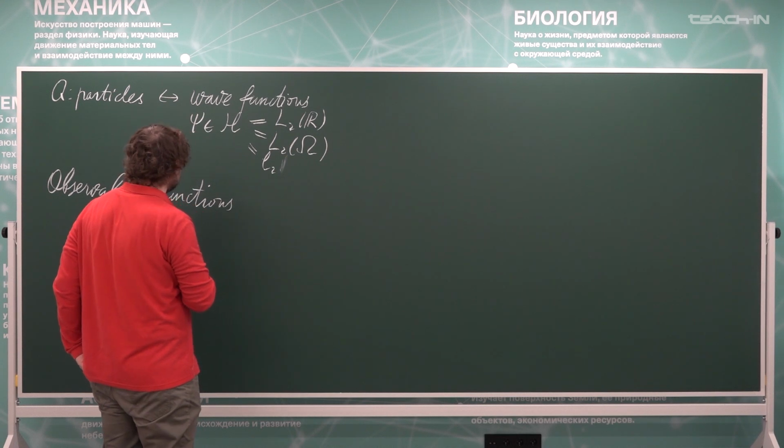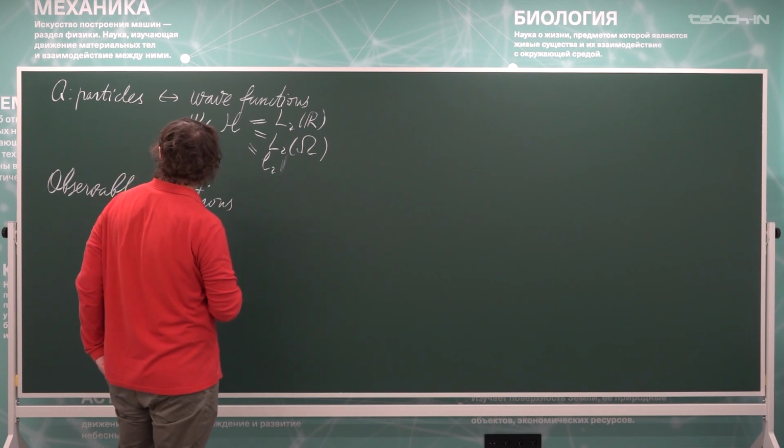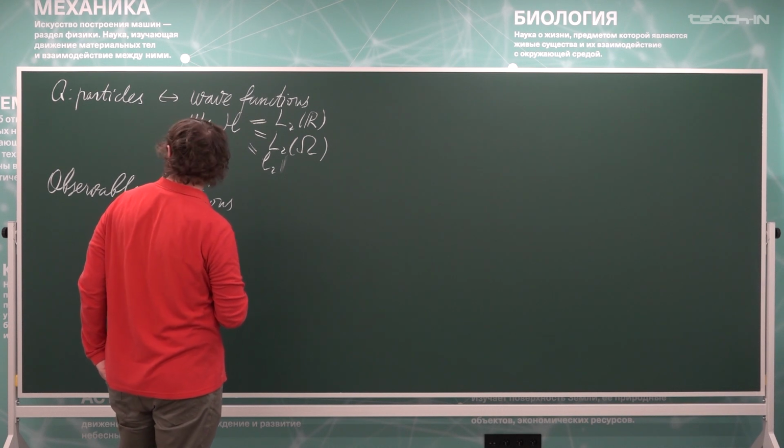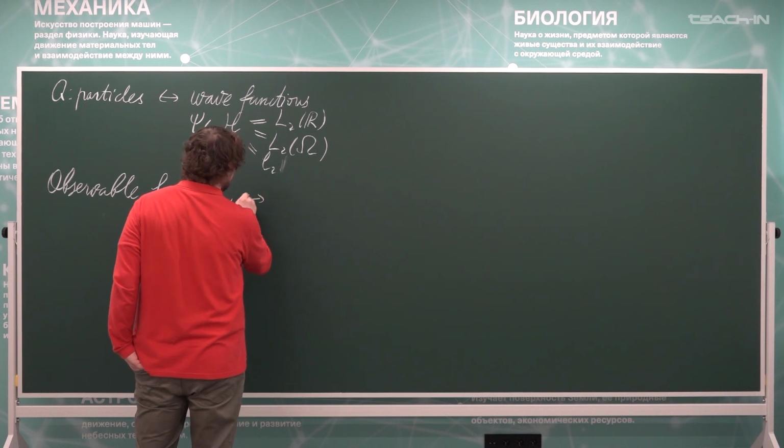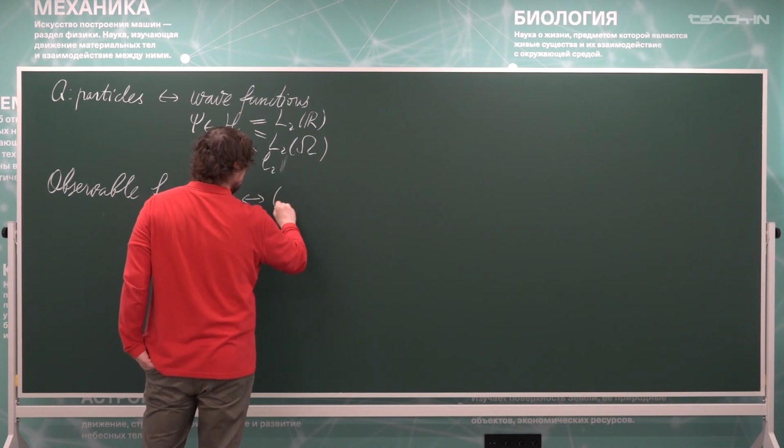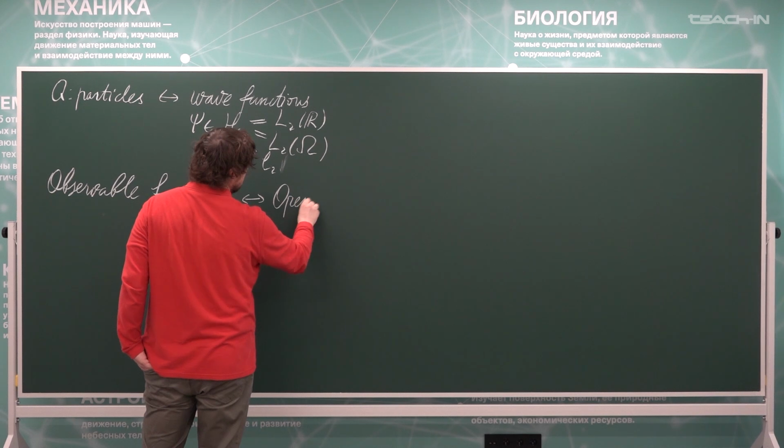They are all functions of coordinates and momenta of particles in classical situation. So in quantum situation, observable functions are replaced by operators on this space.